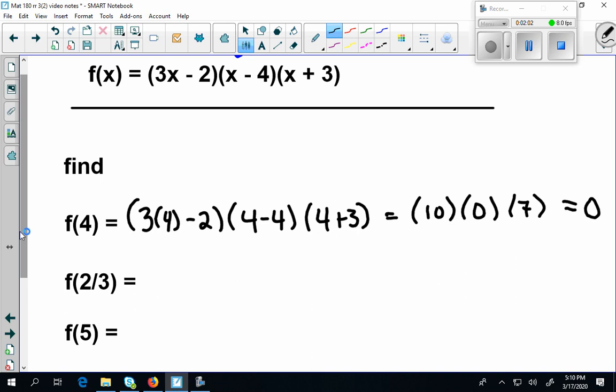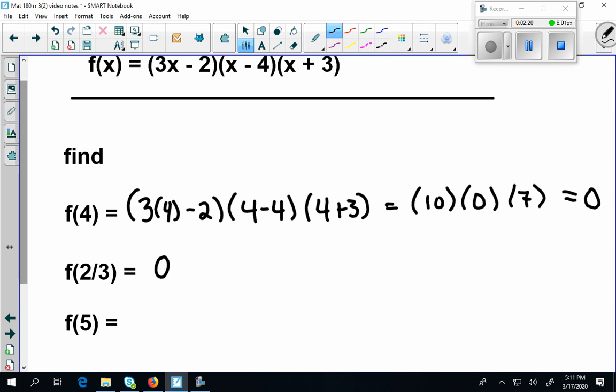So 4 is one of the zeros of this polynomial. The same thing happens if I put in 2/3. If you put 2/3 into that first factor, it goes to 0. So 2/3 is a zero. What is f of 5? Let's give that a try.